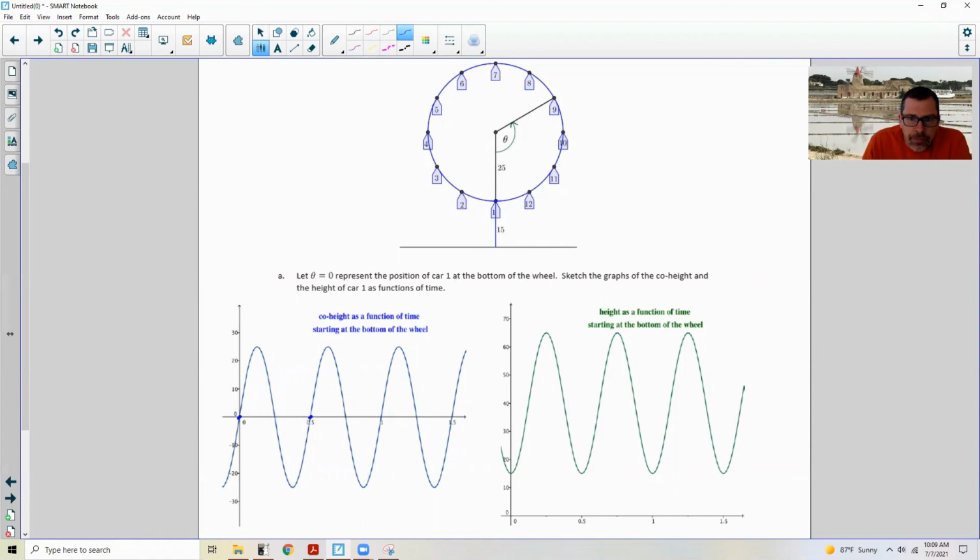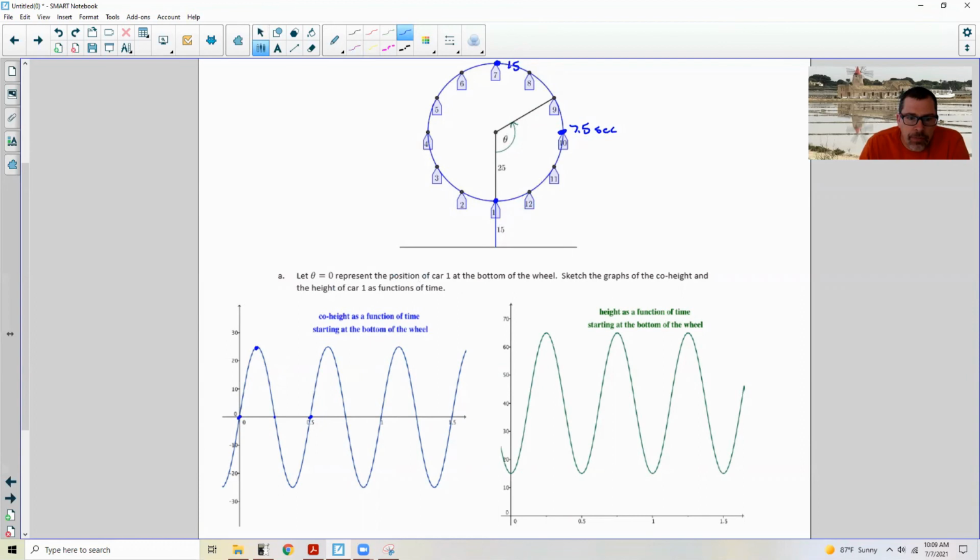So we're starting here. This is 7.5 seconds. So at 7.5 seconds, we are at this point right here, 25. So after 7.5 seconds, our co-height is 25. Then it decreases until our co-height gets back to 0 at 15 seconds.